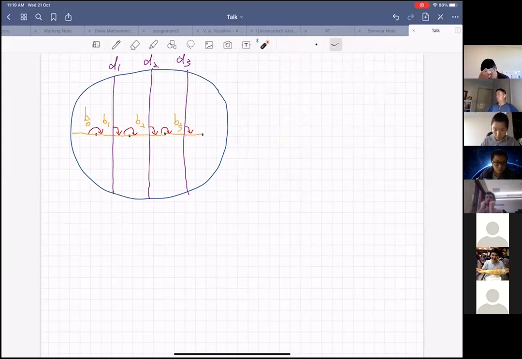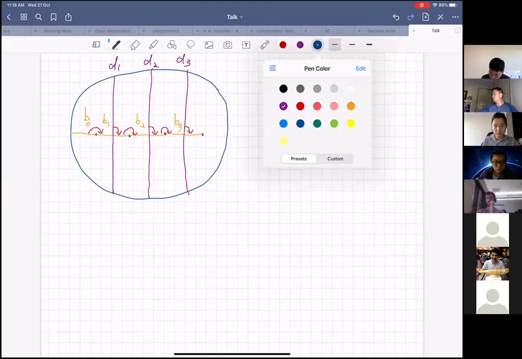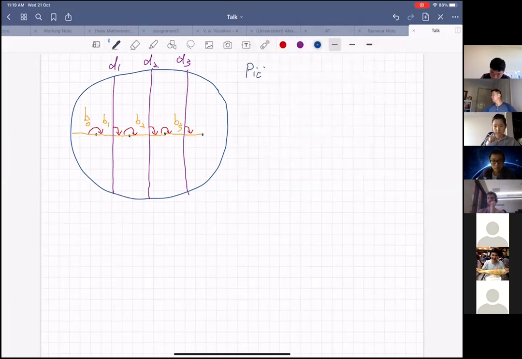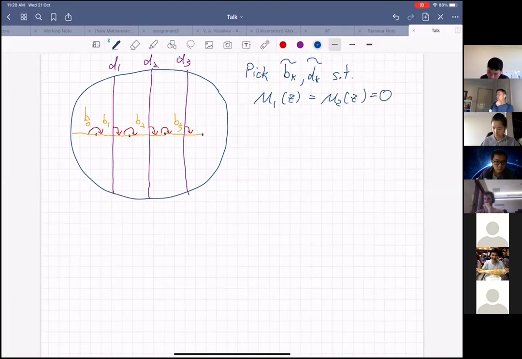When we lift them, we pick their local index to be 0. So I write it down in words: pick Dk tilde such that mu1(z) and mu2(z) are equal to 0. This z of course depends on where you intersect.